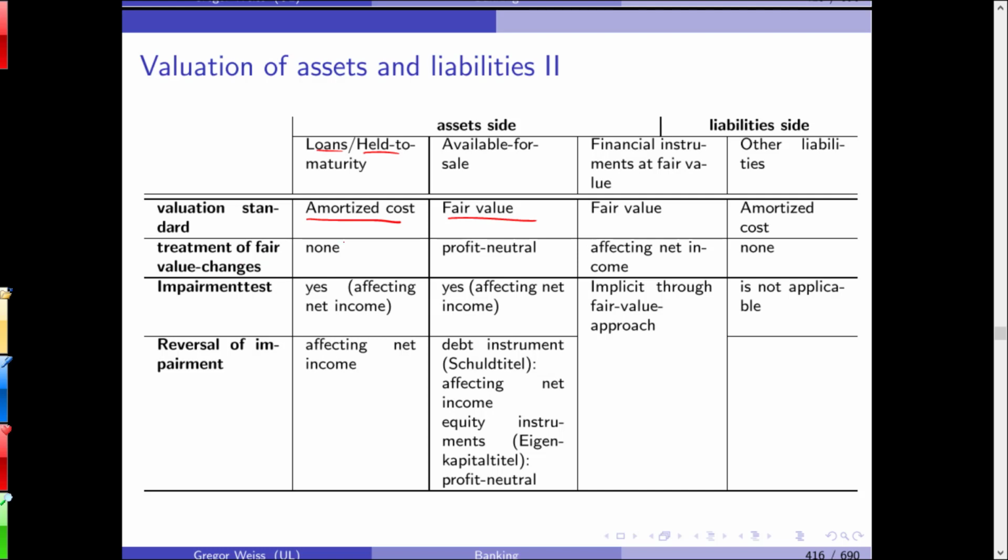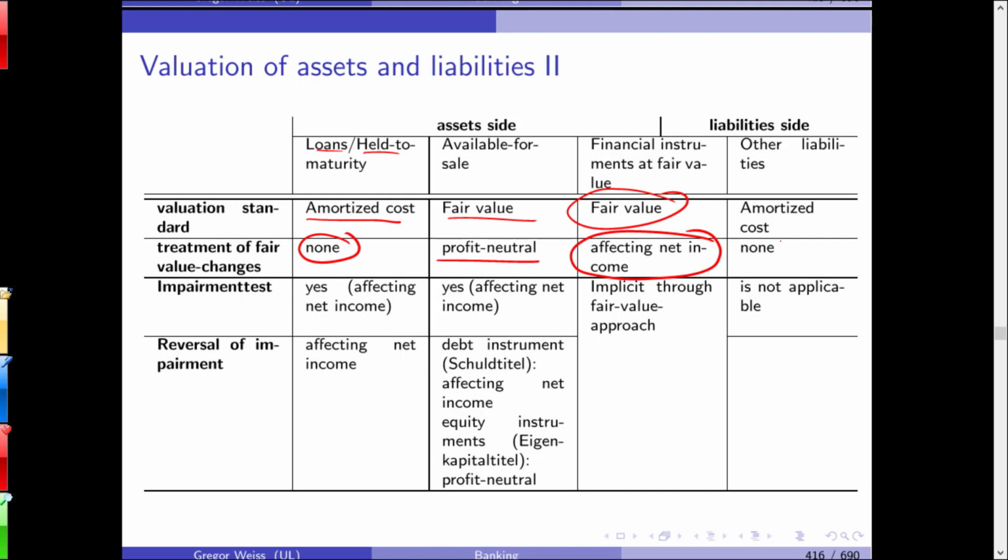Treatment of fair value changes: actually here for loans, obviously no change, because you don't have fair value accounting, but for the available for sale, you will have profit neutral treatment of fair value changes. Financial instruments at fair value, both on the asset and liability side, are at fair value, and these affect your income.